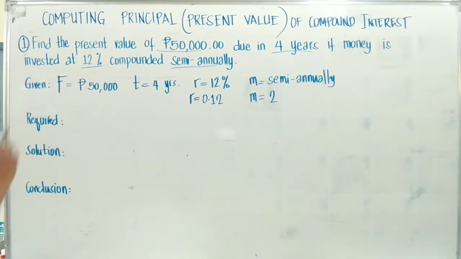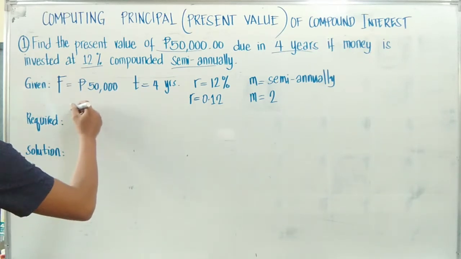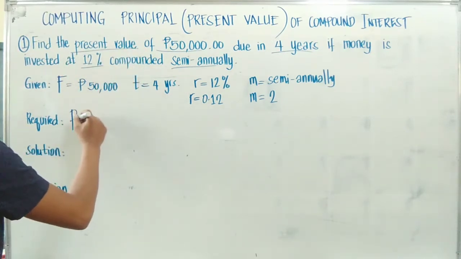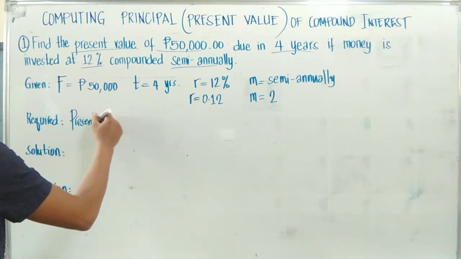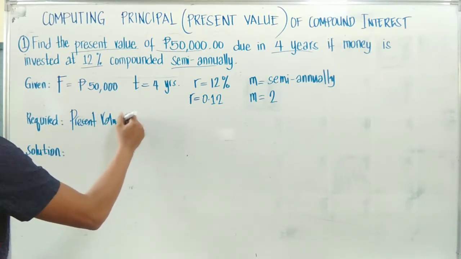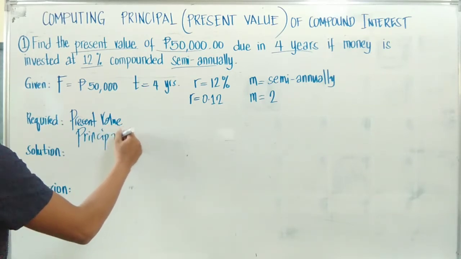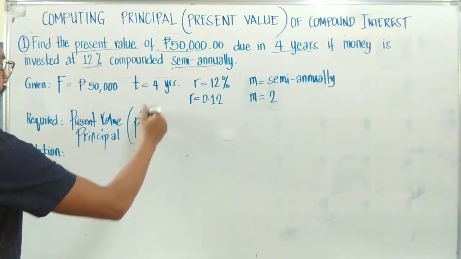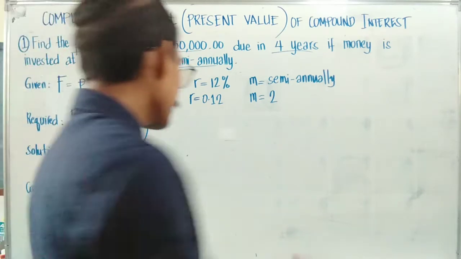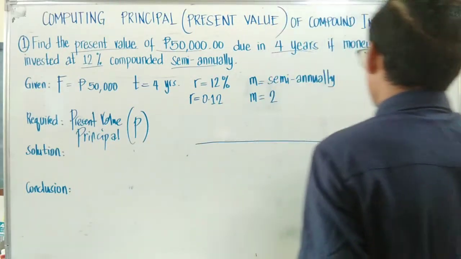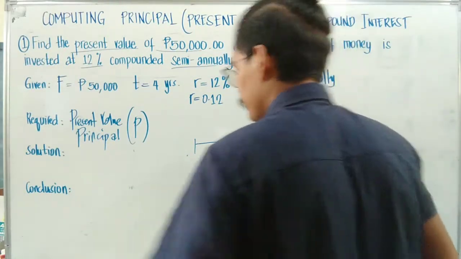Okay, now let us proceed to the required or what is asked in the problem. So we have this thing, the present value. So the present value is your principal and it's denoted by P. Okay, so I will illustrate these things.